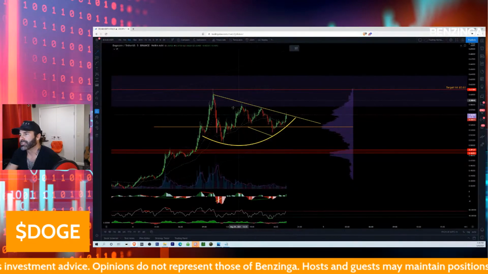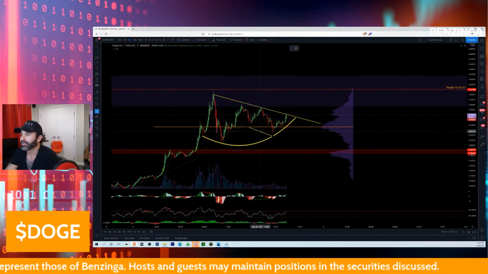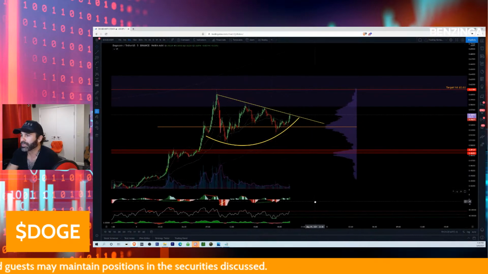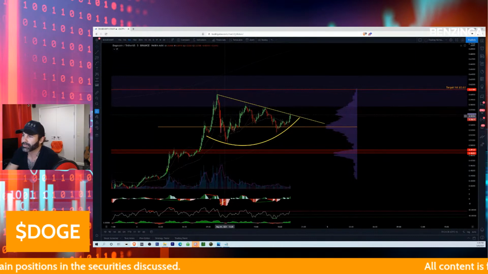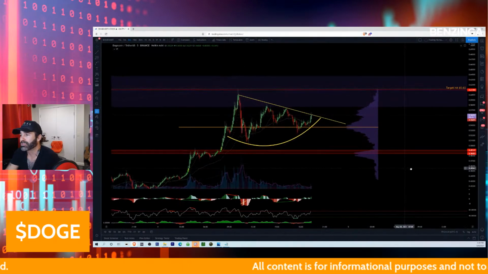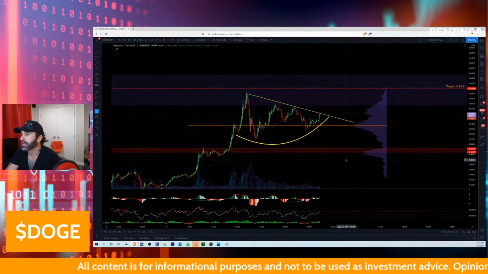It means that the sellers have lost control, and there's too much demand for this particular asset, and that's when the bulls step in. That's when it becomes a buyer's market. We're not trending down anymore once the bulls are in control, and we very well could be at that point.